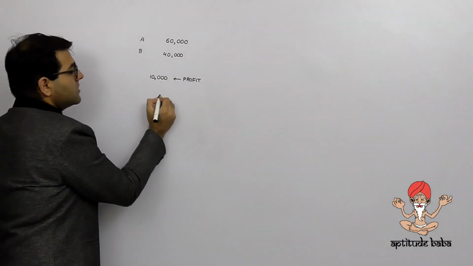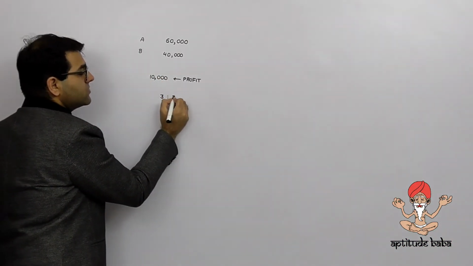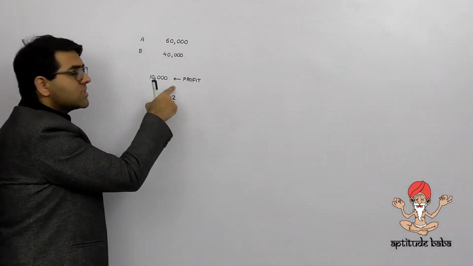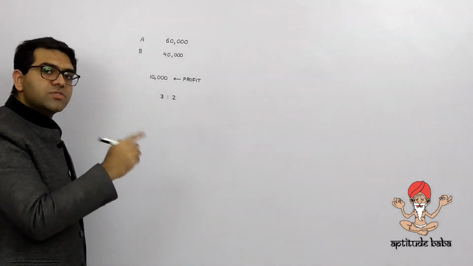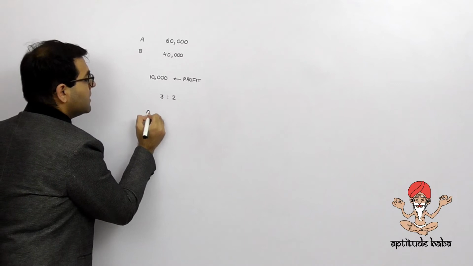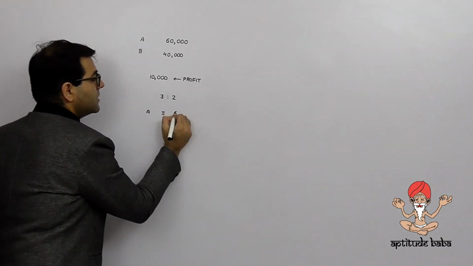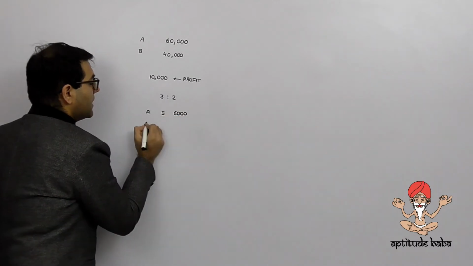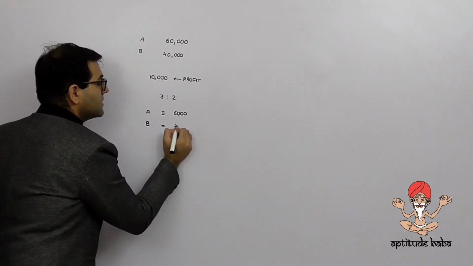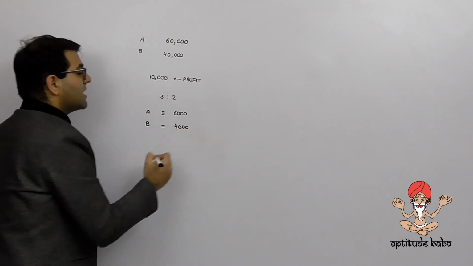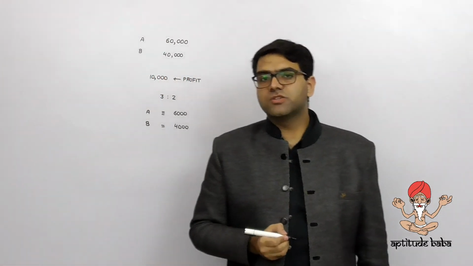That means the ratio of capital invested was 3:2. So ये जो 10,000 rupees का profit हुआ है ये भी 3:2 में डिवाइड हो जाएगा. So partner A के लिए जो profit होगा that will be 3/5 of 10,000 यानी कि 6,000 rupees, and partner B के लिए जो profit होगा that will be 2/5 of 10,000, that is 4,000 rupees. This is case one of partnerships.